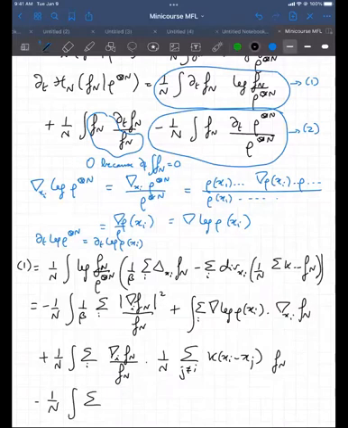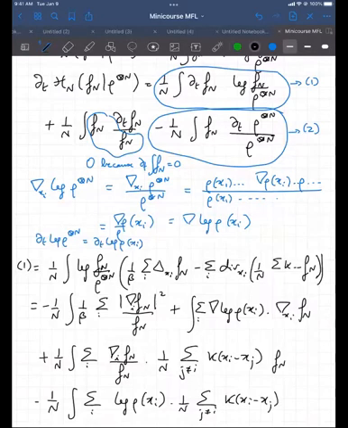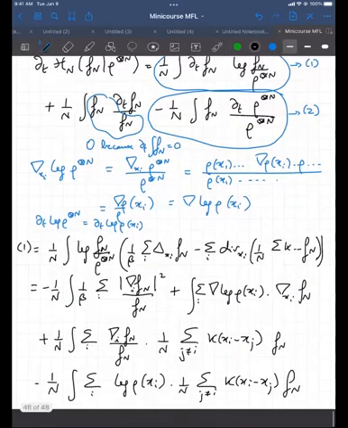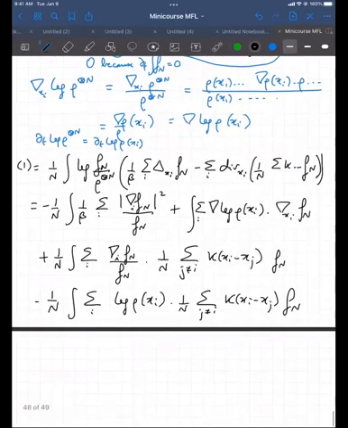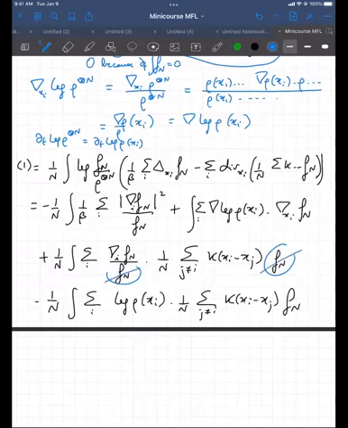So as we've seen, this is just log rho of xi dotted with 1 over n fn. Okay, so we have 4 terms. And we have a little simplification again here. We can simplify those two things, just formally. And we'll leave it at this for now.